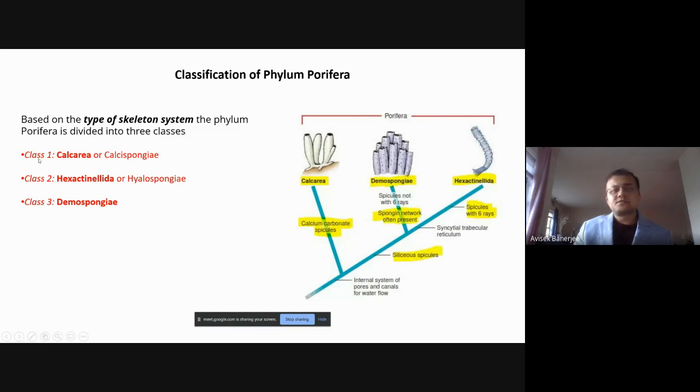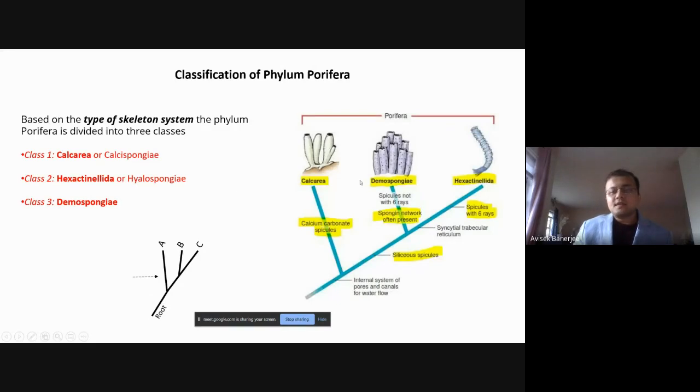It is divided into three classes: class Calcarea, Hexactinellida, and Demospongiae. Now, I think you are familiar with this type of cladogram. This is the root, and this is a kind of timeline, supported not only by physical observation of features, but also by fossil records, as well as genetic analysis, which is ongoing with the advancement of modern molecular biology tools and techniques.